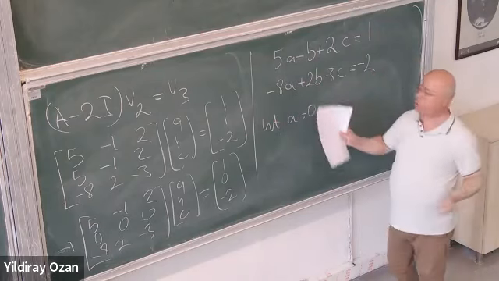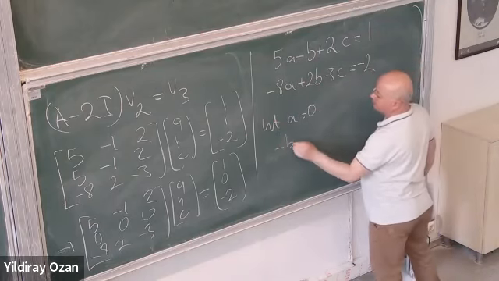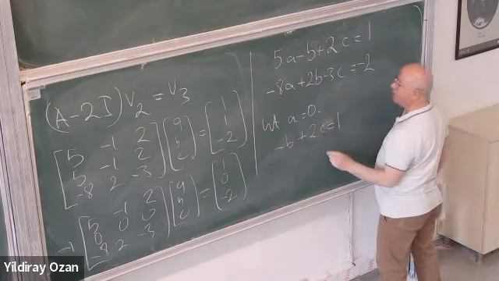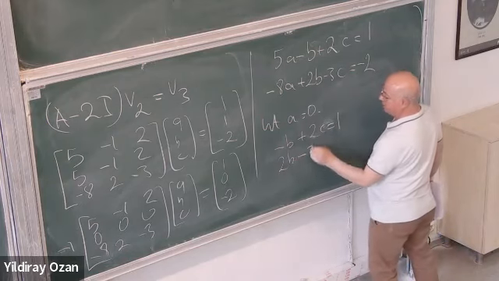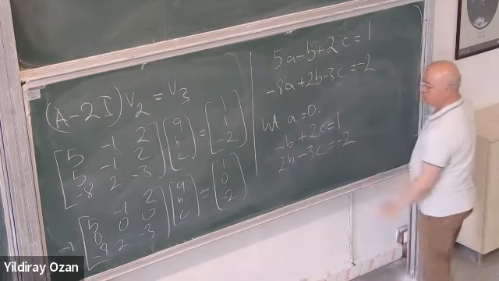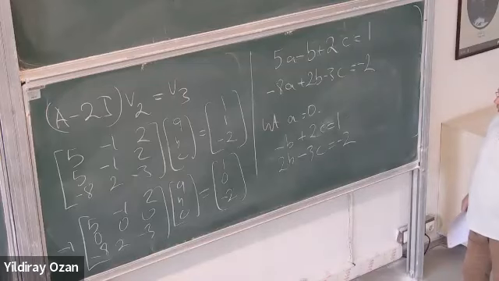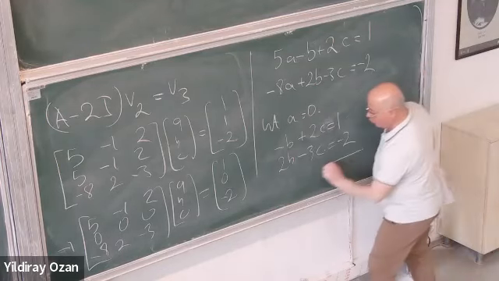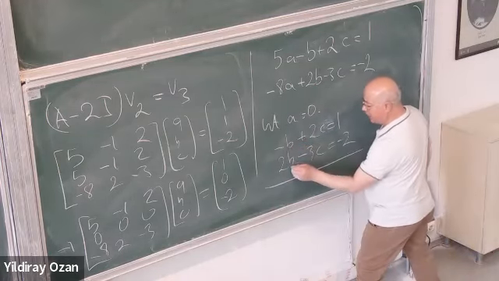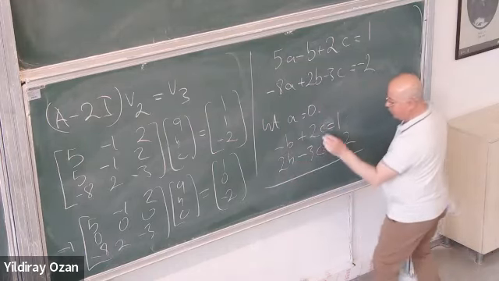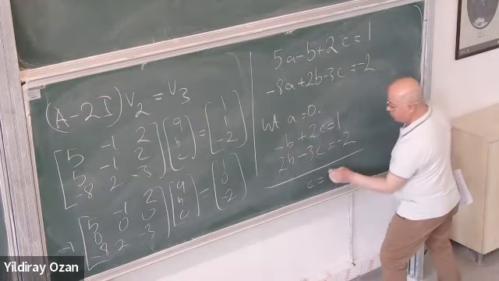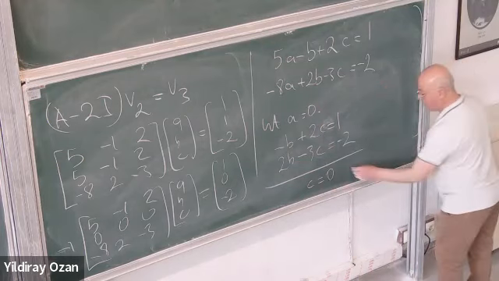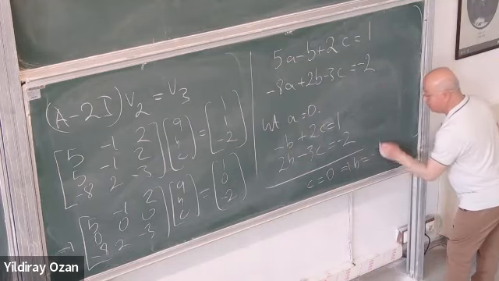If you do that, your system becomes minus B plus 2C is 1, and 2B minus 3C equals minus 2. Bunu da 2 ile çarpıp bunu eklersek, so if I multiply by 2 and add to this guy, we get B is minus 1.